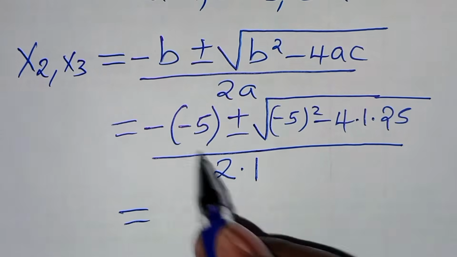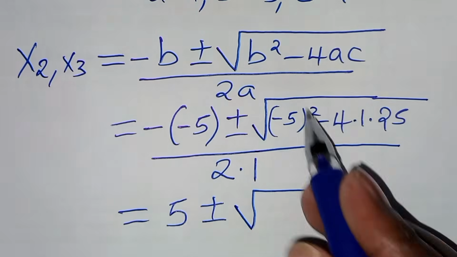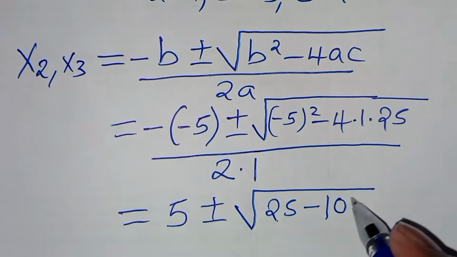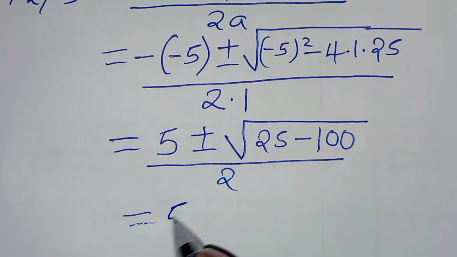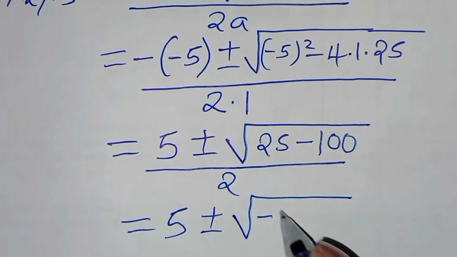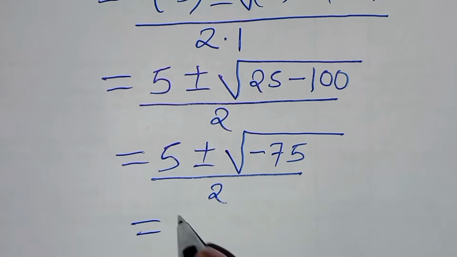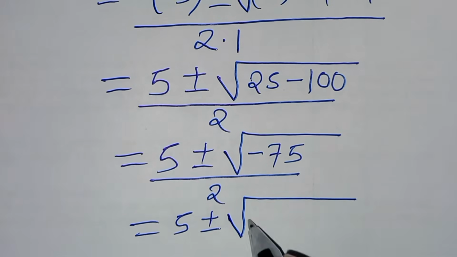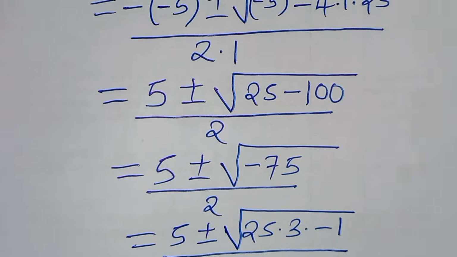So this is 5 plus or minus the square root of 25 minus 100, divided by 2. This is 5 plus or minus the square root of 25 minus 100, which is minus 75, over 2. So here we have 5 plus or minus the square root of minus 75, which can be expressed as 25 times 3 times minus 1, divided by 2.